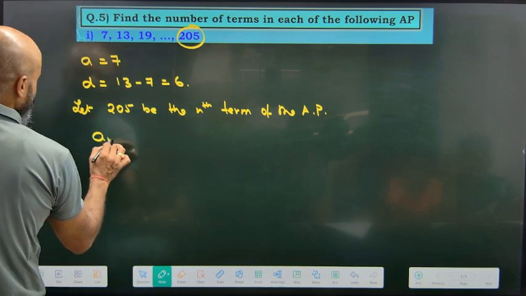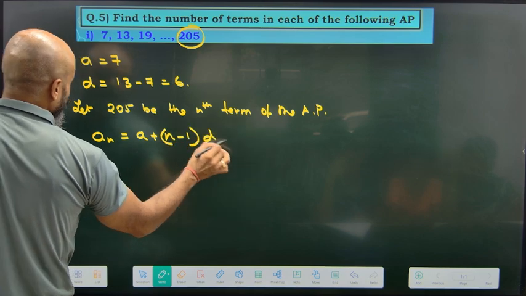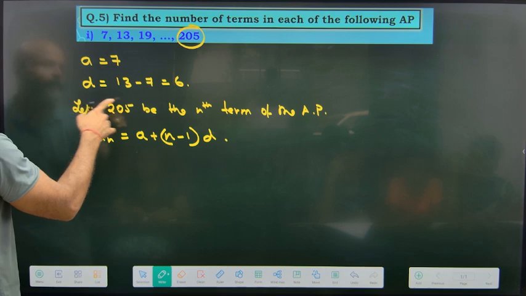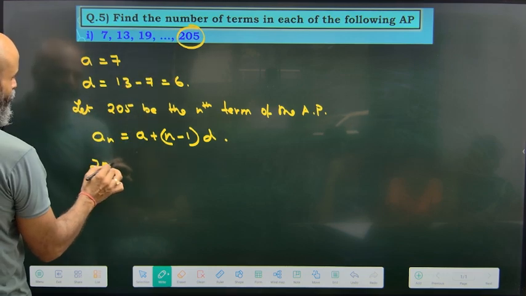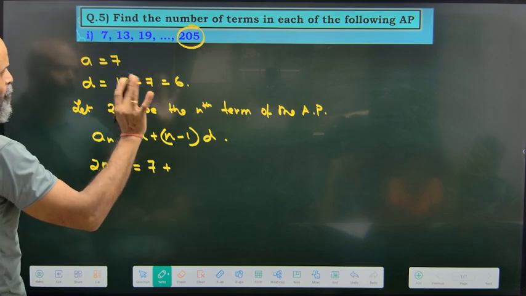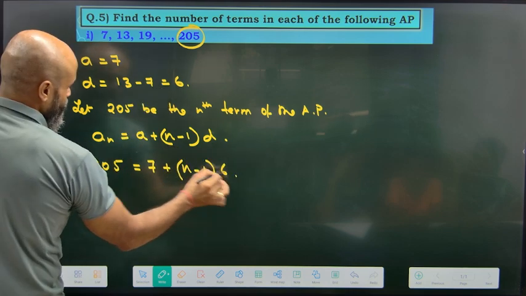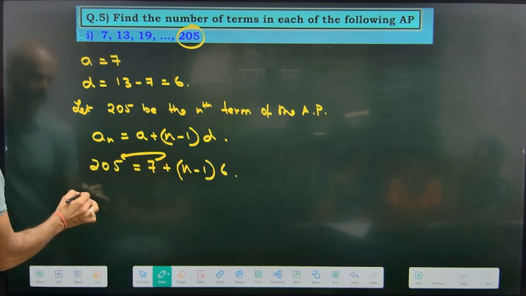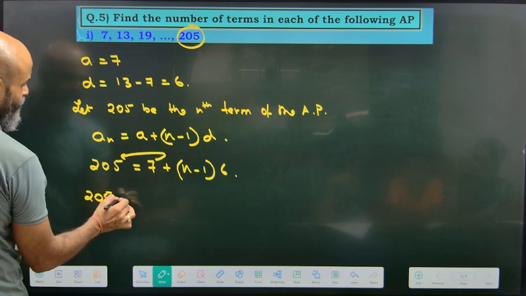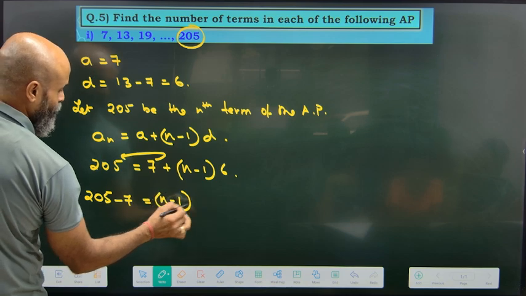So what do we write here? An is equal to a plus n minus 1 into d. So An is how much? 205. A is how much? 7, plus n is not known to us, n minus 1 into d is 6. So if we transpose this term here, this will be 205 minus 7 is equal to n minus 1 into 6.